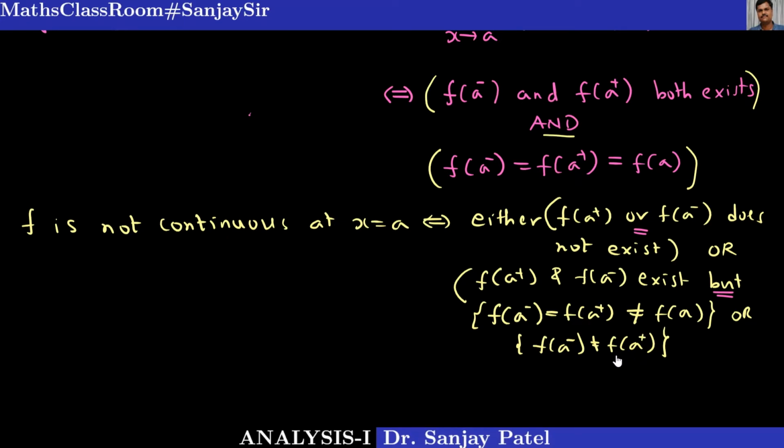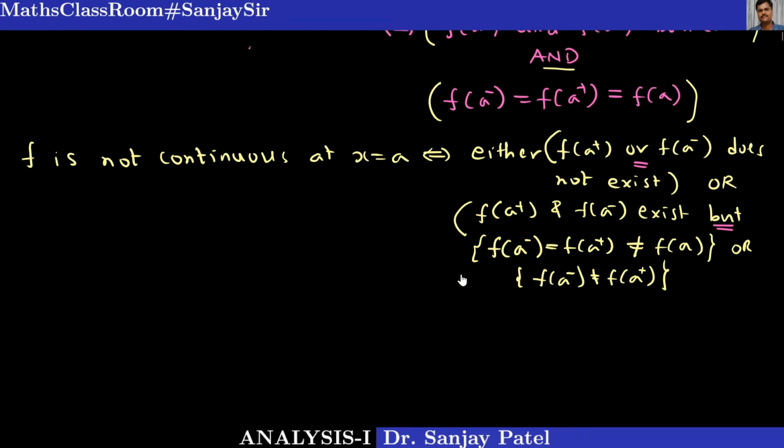In that case left limit and right limit are not equal, so the limit does not exist, so we don't have to worry about the value of the function in that case. Okay, so these three cases suggest to classify the function as not continuous in the following ways.